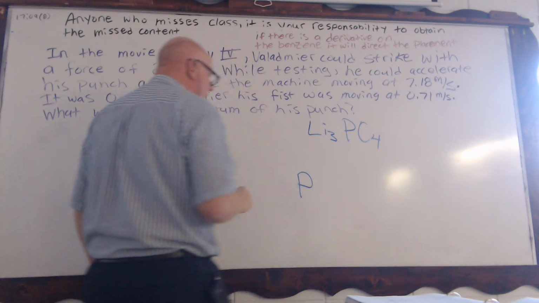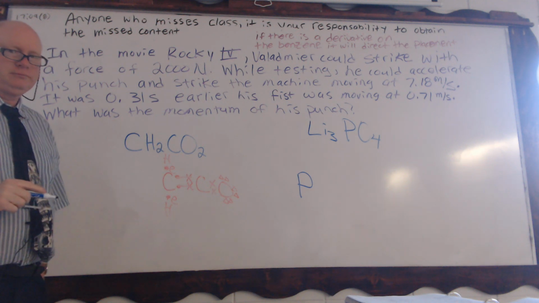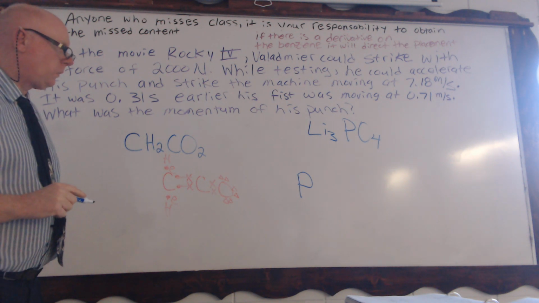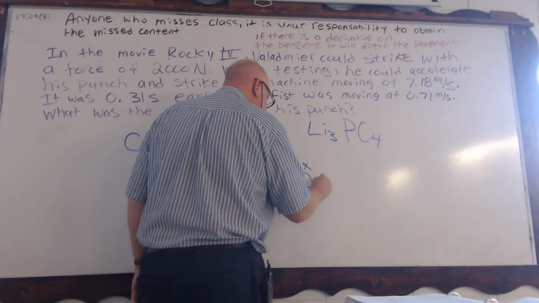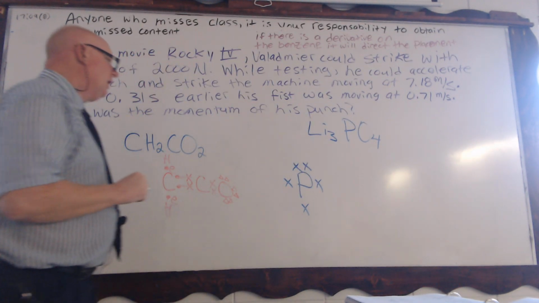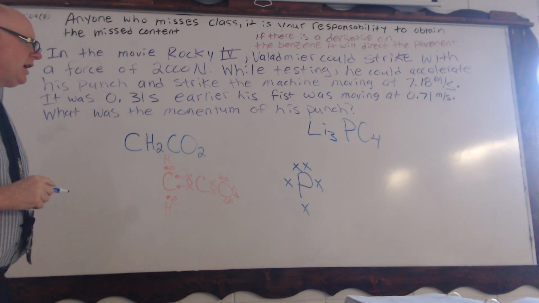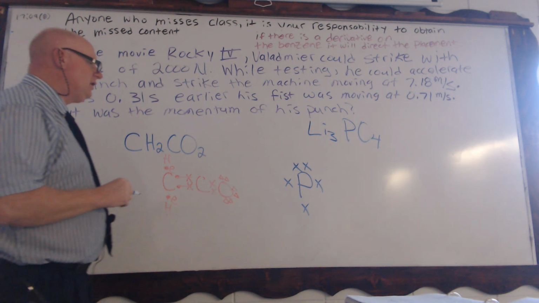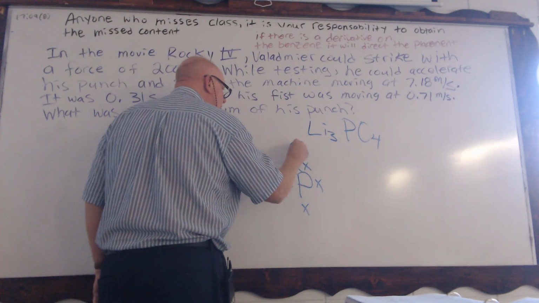And phosphorus is in which column? So then what we see here is now we branch out with our oxygens. We can put one here.